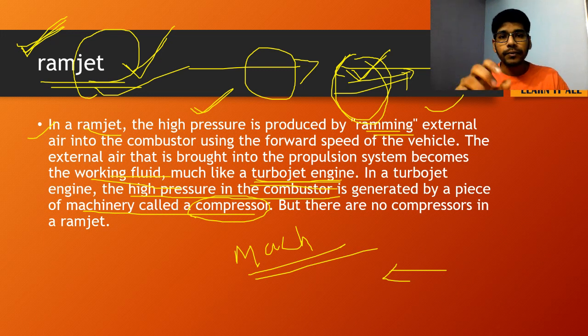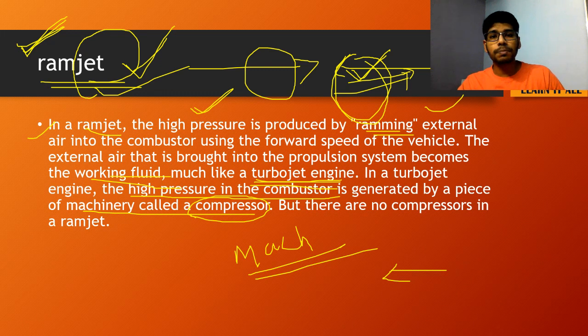Because of that, after entering the ramjet engine, the velocity of the air is reduced to subsonic speeds, right? The supersonic speed is used to drive the air into the chamber, into the engine, right?